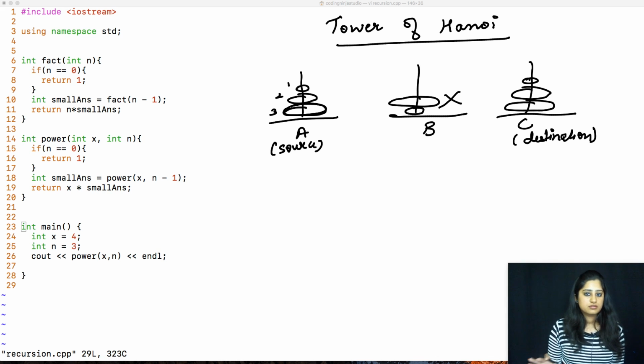You cannot do this. This is not allowed. So you should not do that. So these are the constraints. Following all the constraints, we have to transfer all these discs from A to C.